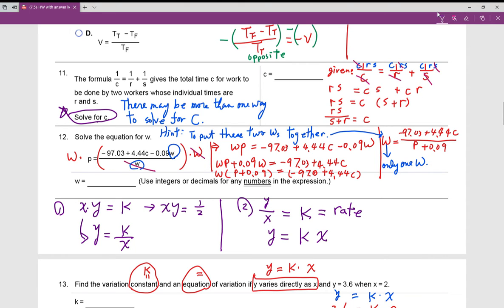First type, x times y have a constant product. This is a constant rate. Constant rate means, for example, if x is 1, y is 2, then k is 2, right?